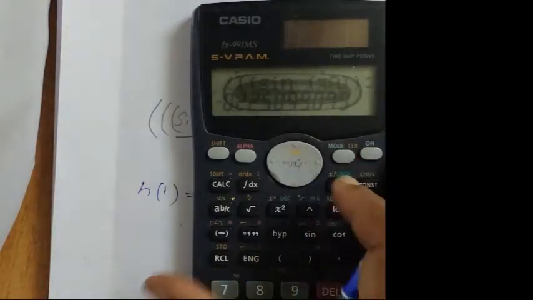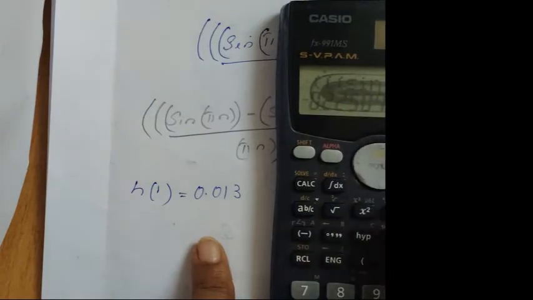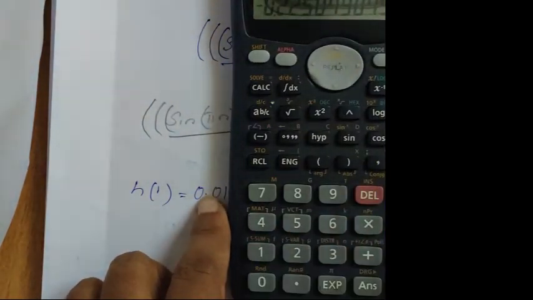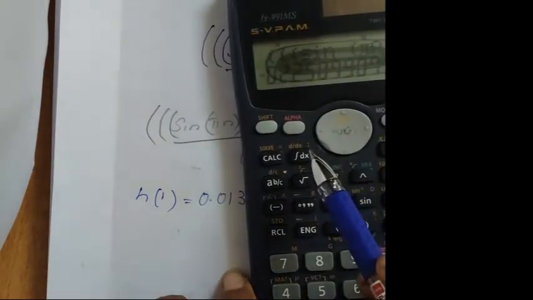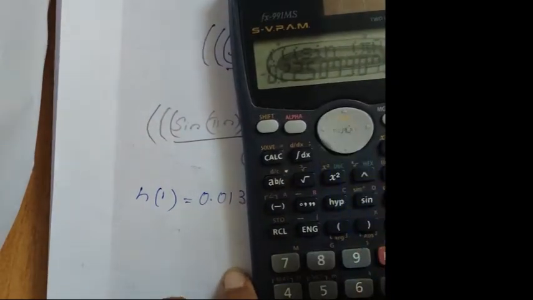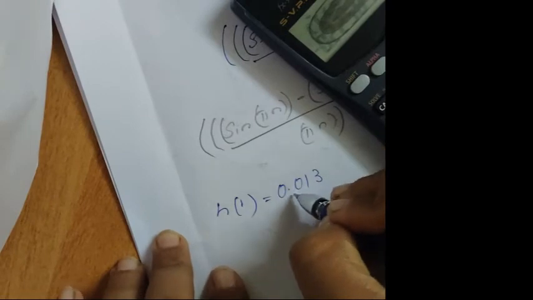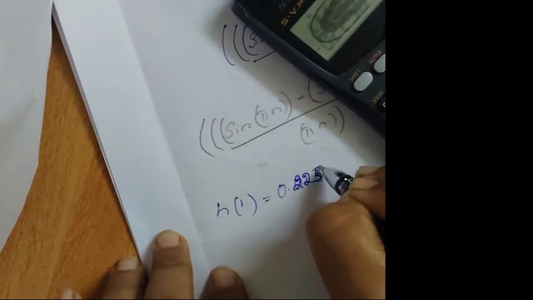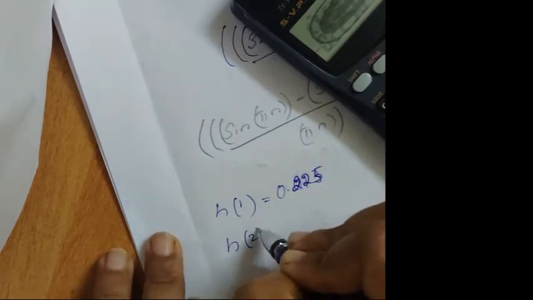Okay. Now you have to find, you have given the bracket. You have pressed calc over here and then 1 equal. So you got the value minus 0.225.